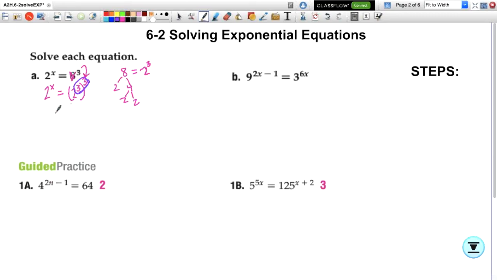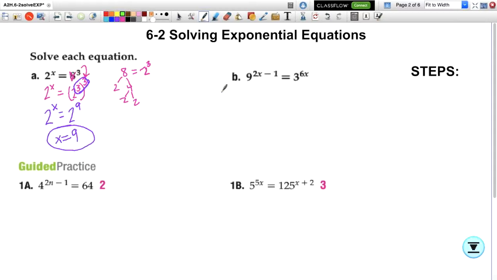Again, those exponent properties are coming into play all the time. When you have a power to a power, you should take those two numbers and multiply them. So this is the same thing as 2 to the 3 times 3, which is 9. So take a look here. If 2 to the x equals 2 to the 9th, then x has to equal 9.